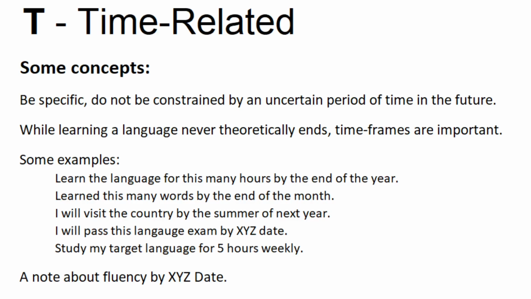Because your feelings might change as you go about the process, or you realize how much more there is to learn. So it's not to discourage you, but I think it's just something to point out that setting a target of fluency by a certain date might be tricky to set, for the reasons that I mentioned. But definitely don't be afraid to set it, just realize the kind of caveats that go with that.